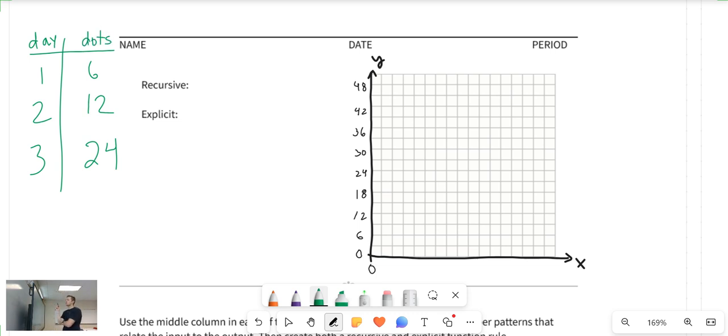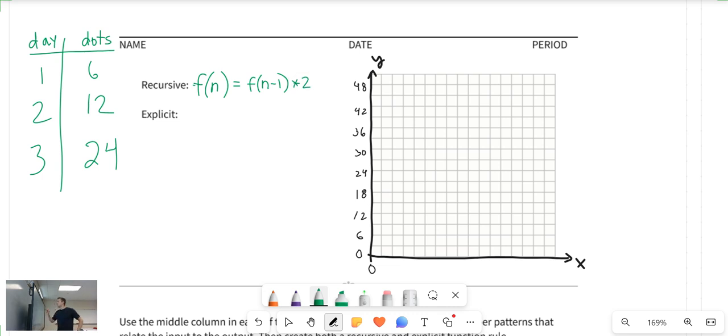All right, our recursive form for this function should be f of n equals our previous. It looks like it's doubling each time, right? 6 doubles to 12, 12 doubles to 24, so that's good. It's actually the same as the previous problem, where it's going to be f of n minus 1 times 2.